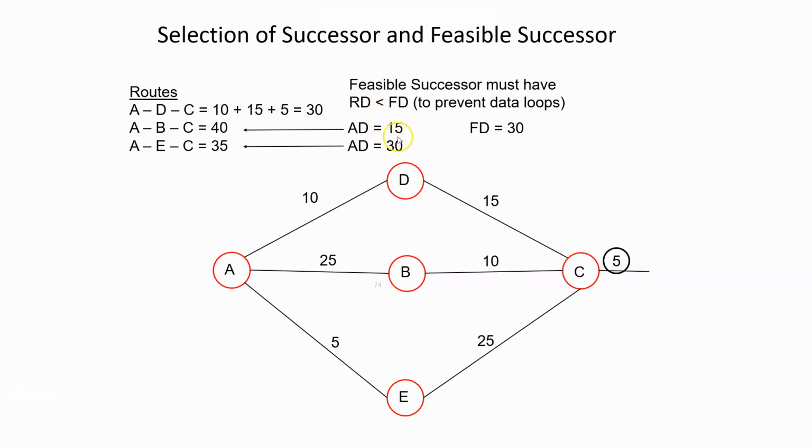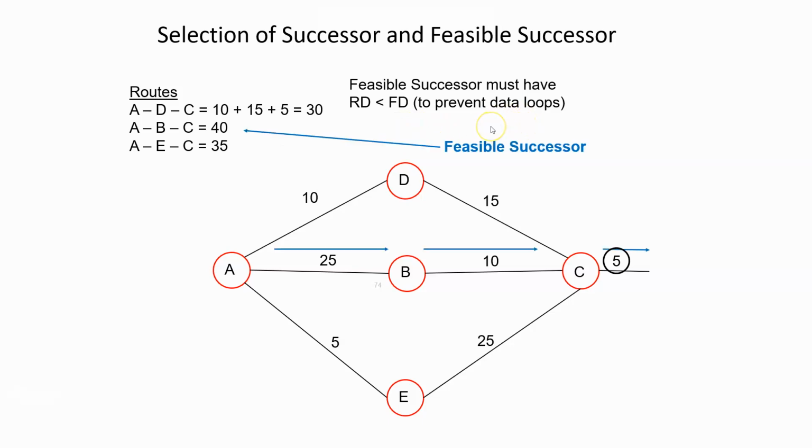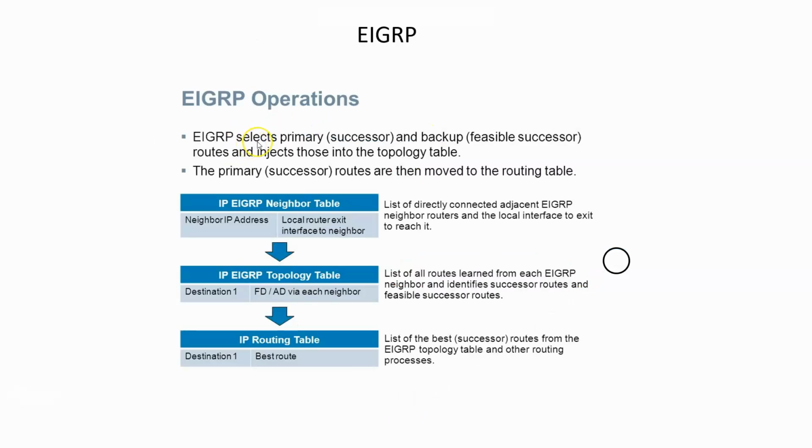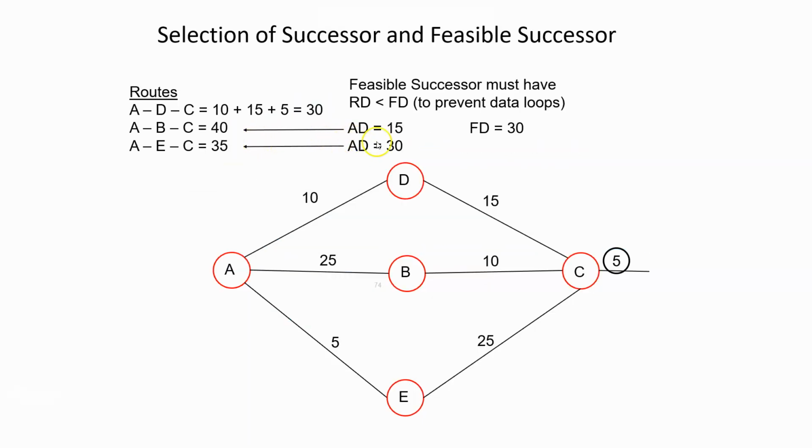The advertised distance here, 30 or 15. The feasible distance 30. We're okay with that one. So this one's going to be the feasible successor that goes along with these things. What that means is this one's not going to go into the table as a feasible successor. We can have the successor, feasible successor, the route we're going to use, and a backup route.